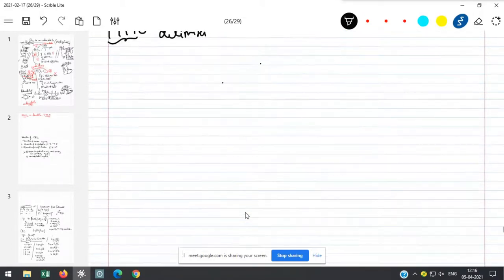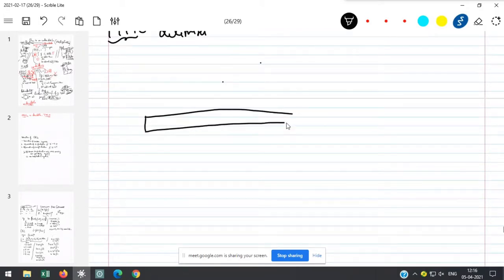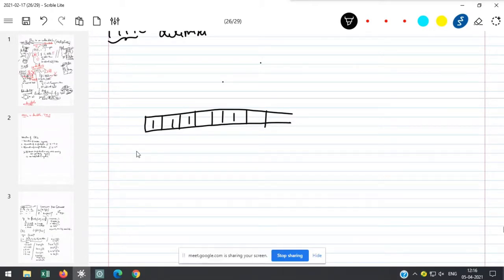Let me use a better space here and take the example. 1, 2, 3. I'm going to use m is equal to 3, delimiter 0, then this one.